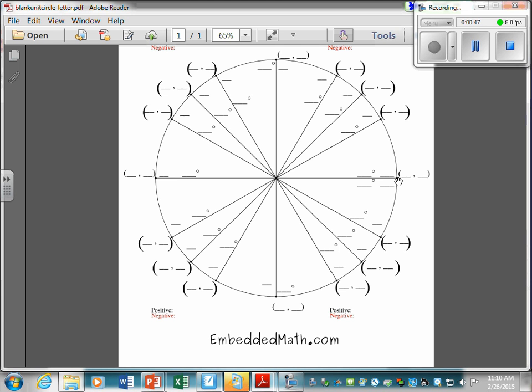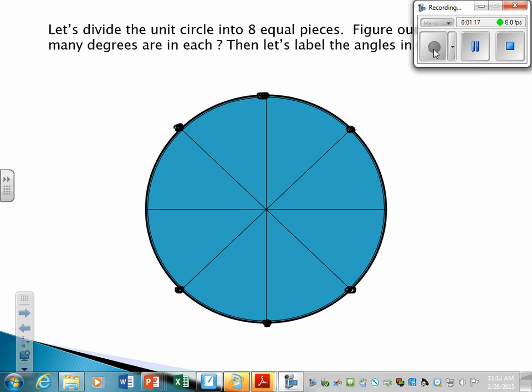So 1, 2, 3, 4, 5, 6, 7, 8 sections. If I divide 360 by 8, then how much is each section going to be? 45 degrees. So go through and in these degrees section, label all your degrees for the blue dots.